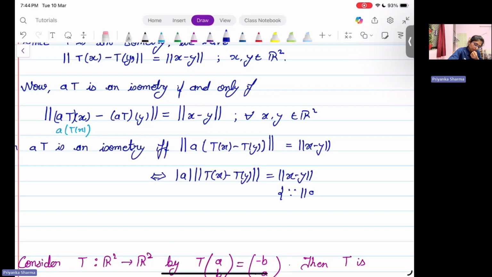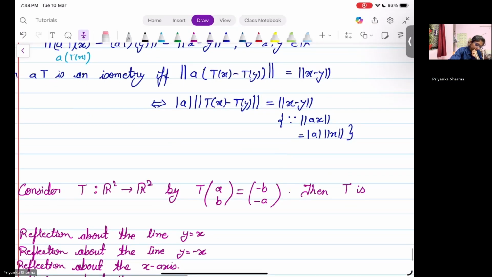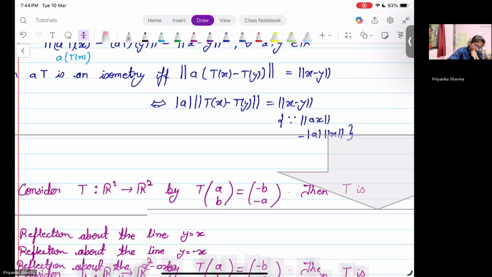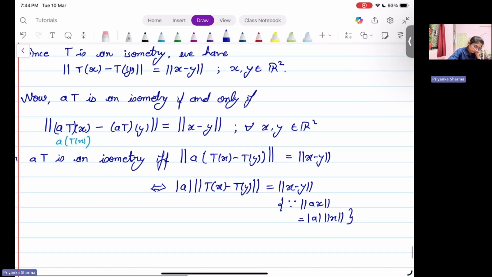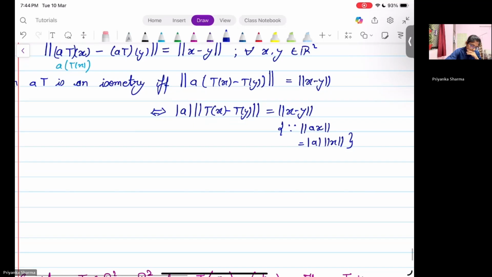Norm of X, this is mod A norm of X. But we know that norm of Tx minus Ty is the same as norm of X minus Y. So this will be true if and only if mod of A is 1, where this A is coming from R. And what will be the values of A in R if the modulus is 1?